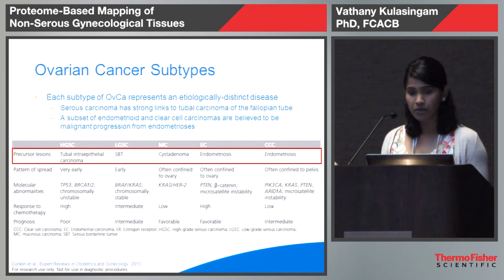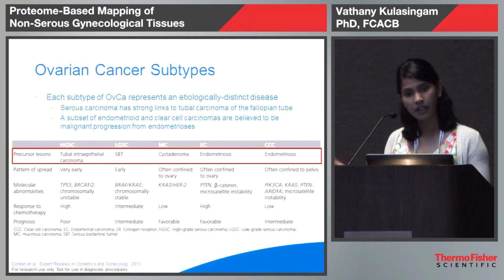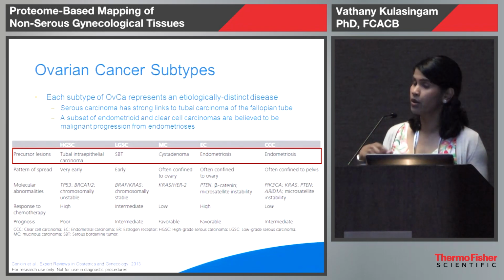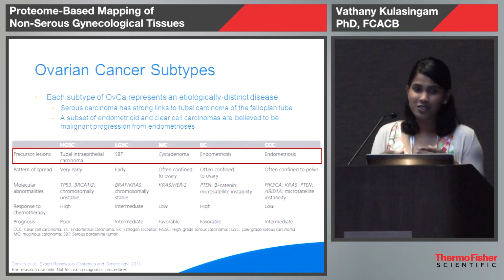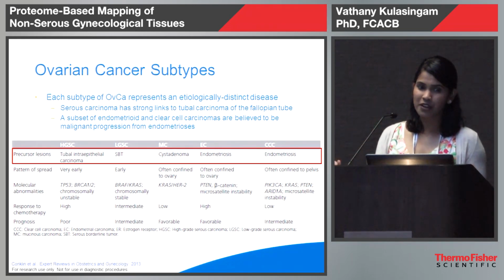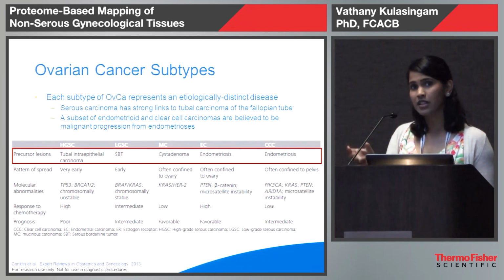Their pattern of spread is very different across the subtypes. The molecular abnormalities that lead to the disease are quite different. Their response to therapy is very different. Their prognosis is very different. So hopefully what I'm trying to say is there's been a lot of research devoted to ovarian cancer, but primarily to serous ovarian cancer and not to the other subtypes.